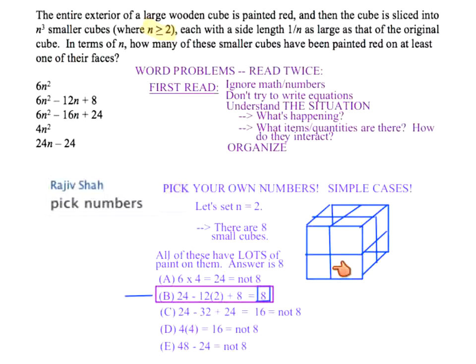I don't get how dividing by 2 is 8. Maybe you're not reading the problem right. It's not how many faces of the cubes, it's not how many squares. It's how many of the blocks have paint on at least one face. It's not the number of faces.